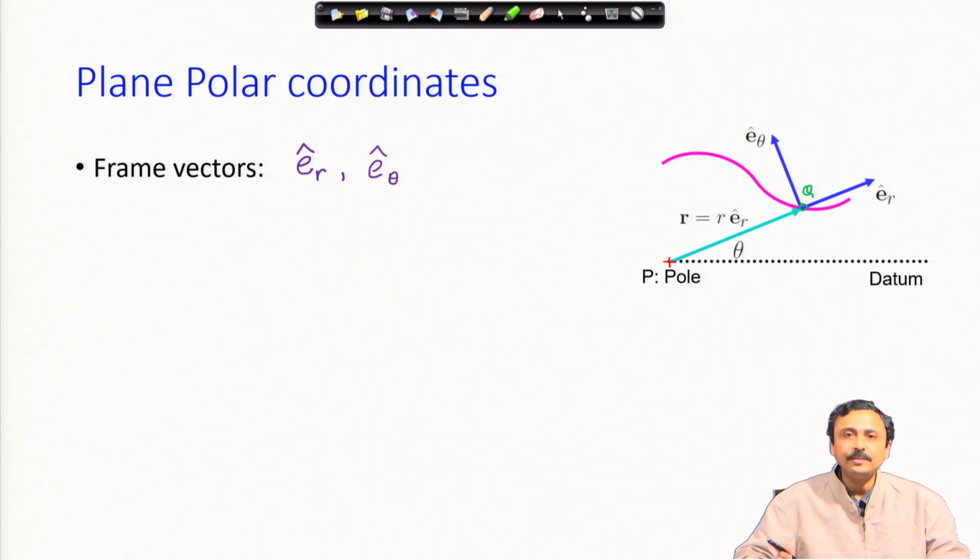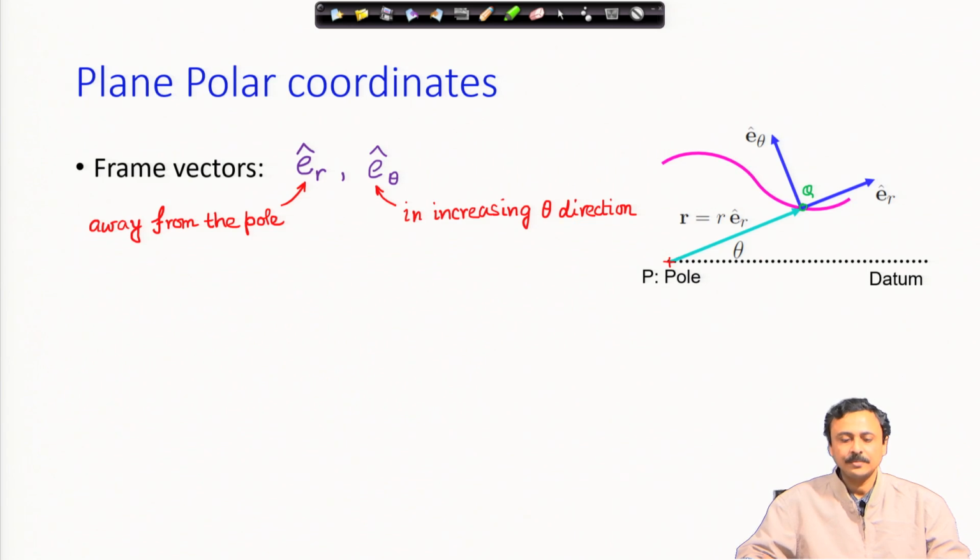I also define E theta cap, which is in the direction of increasing theta. Now, these are some important points to note. So, Er is in the direction of increasing r and E theta is in the direction of increasing theta. So, Er is away from the pole and E theta is in the increasing theta direction.